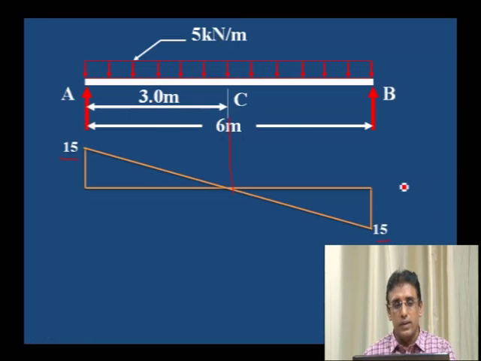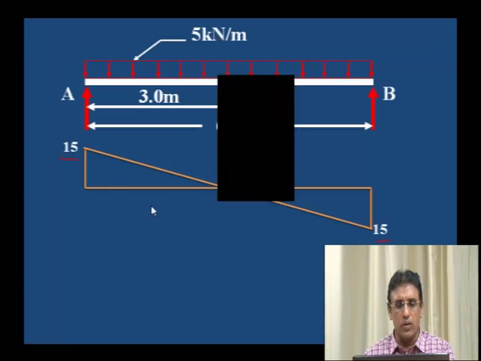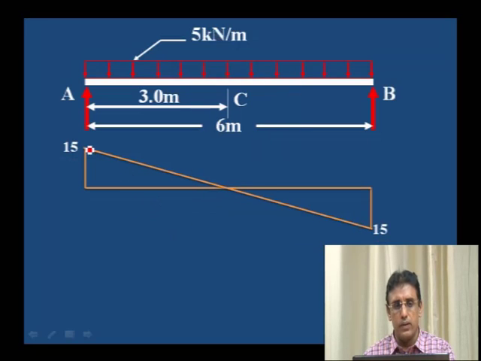Then join from A to B, at C point it is 0. What we did here: because it is a uniformly distributed load, this shear force diagram will be sloping. Where the uniformly distributed load is acting, in that portion we have to draw the sloping line. This is the point where we are getting the maximum bending moment.